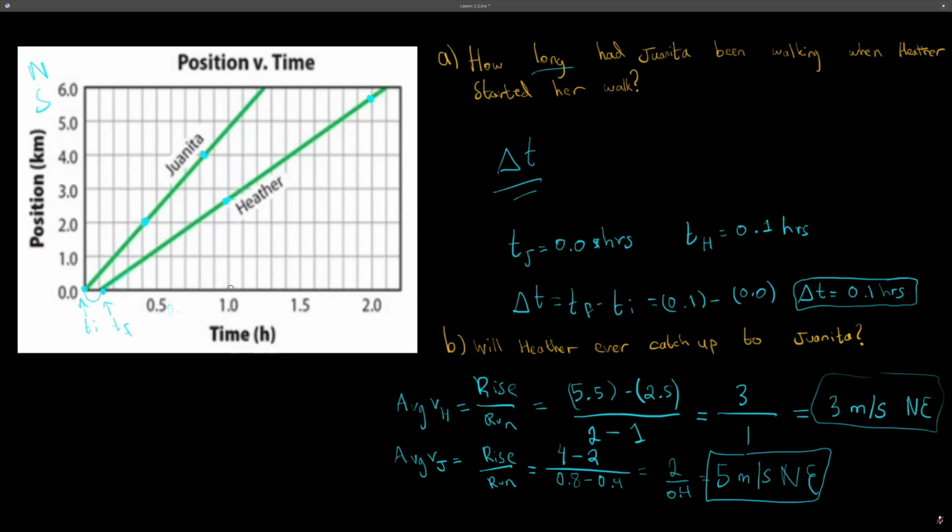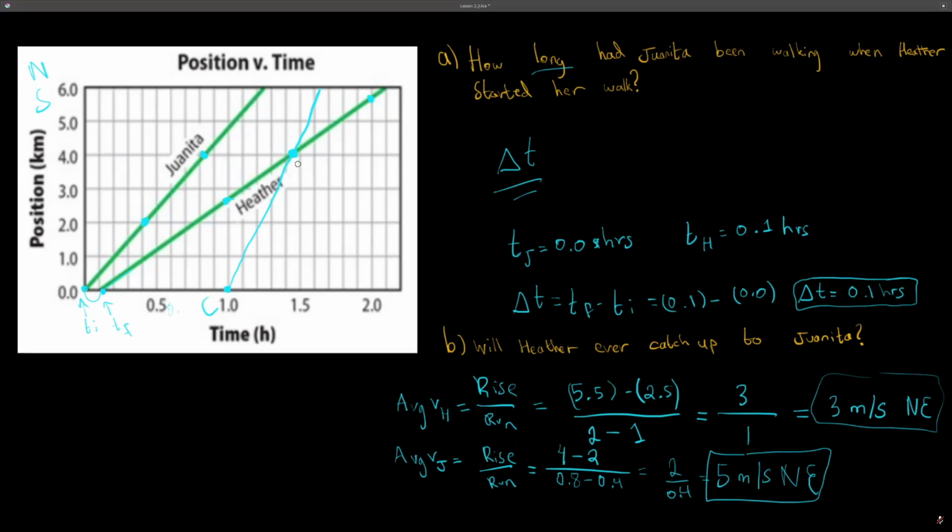Now, a case where she would surpass her is if we had runner C here, and runner C was moving at a rate such that her movement line is intersecting and actually surpassing Heather at this point, at point 4.